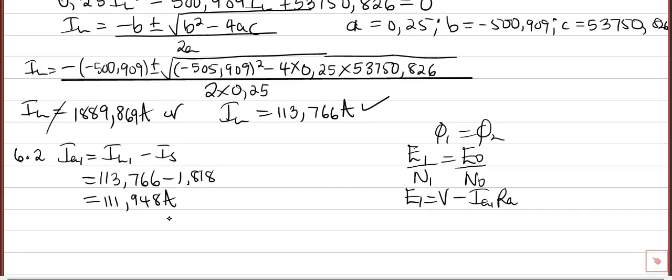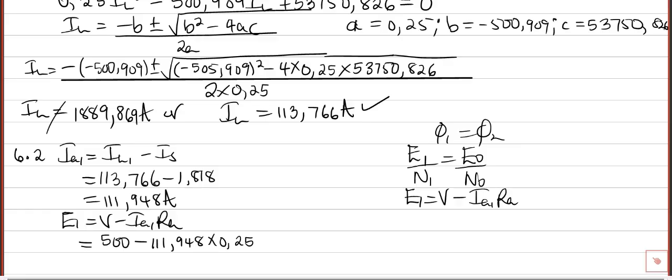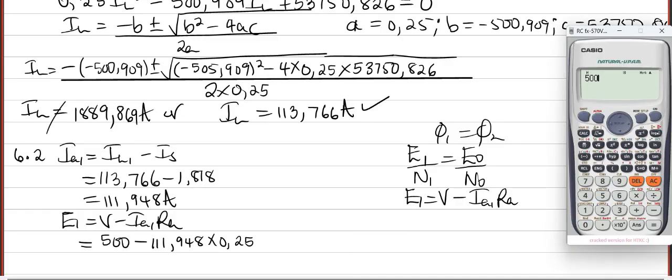Now that we found IA1, you can find E1. E1 is going to be V minus IA1 RA, which is 500 minus 111,948 times our armature resistance of 0,25.